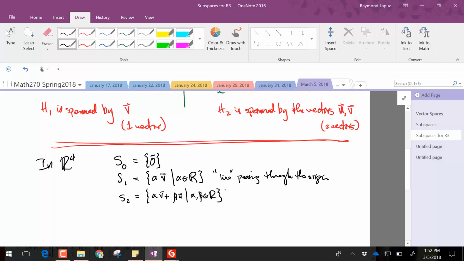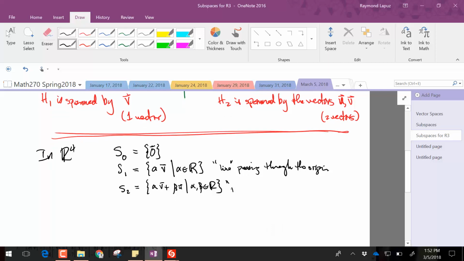We can take a look at a four-dimensional plane passing through the origin. So that's just two vectors in R4 that spans everything. Now this is the weird one.